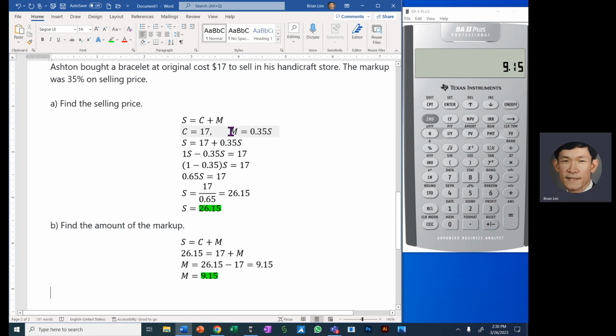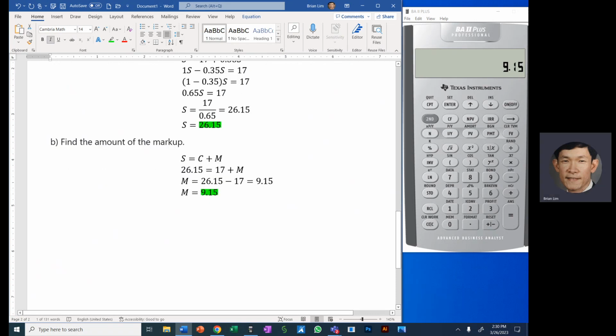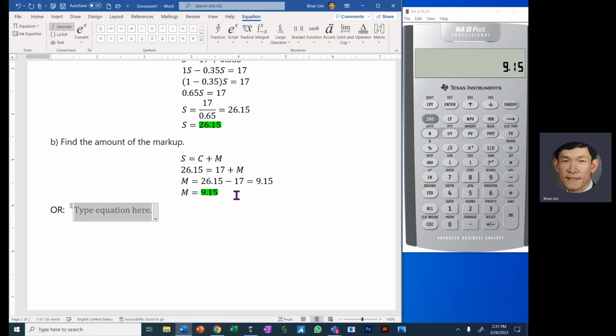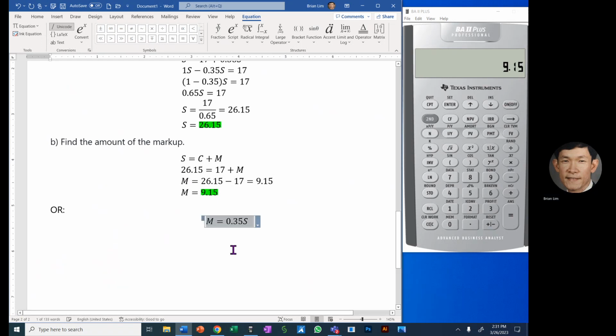It says the markup is equal to 0.35 S. So if we did that, which we can do, we could say M is equal to 0.35 S. Okay, I guess we should get it centered, all right, so there we are.